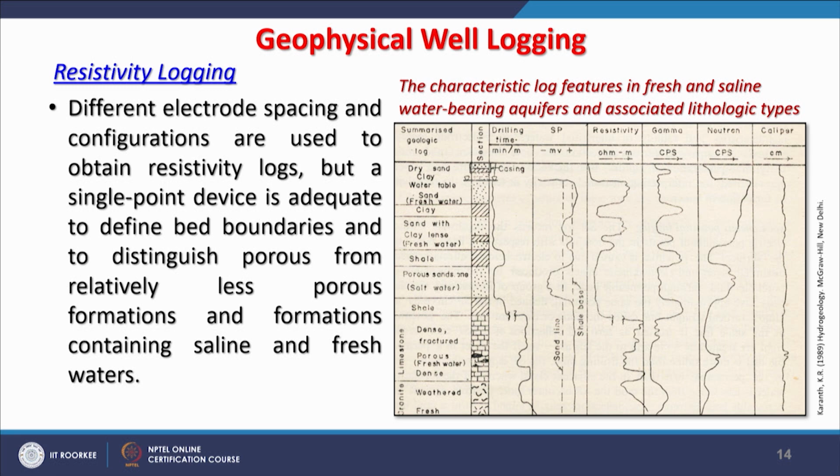Similarly here, different electrode spacing and configurations are used to obtain resistivity logs, but a single point device or single electrode is adequate to define bed boundaries or contacts between different formations, and to distinguish porous from relatively less porous formations and formations containing saline and fresh waters.